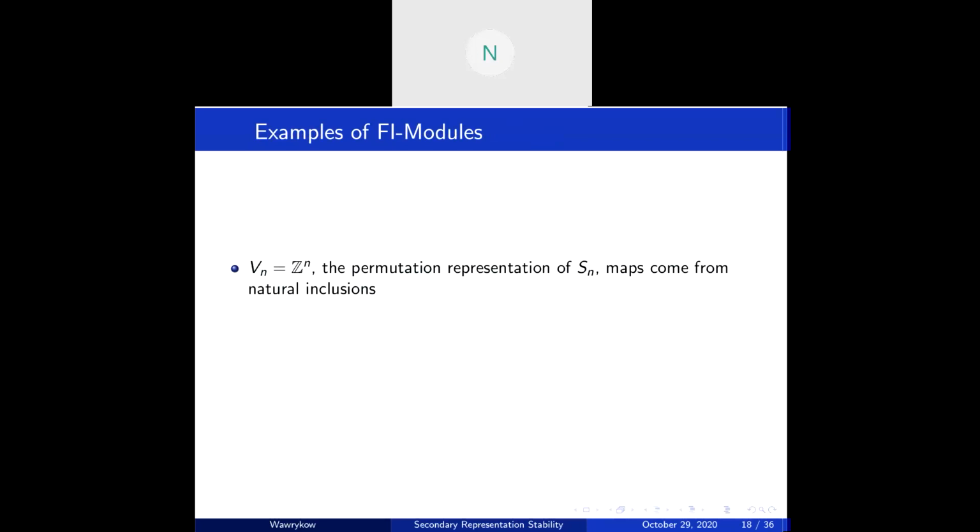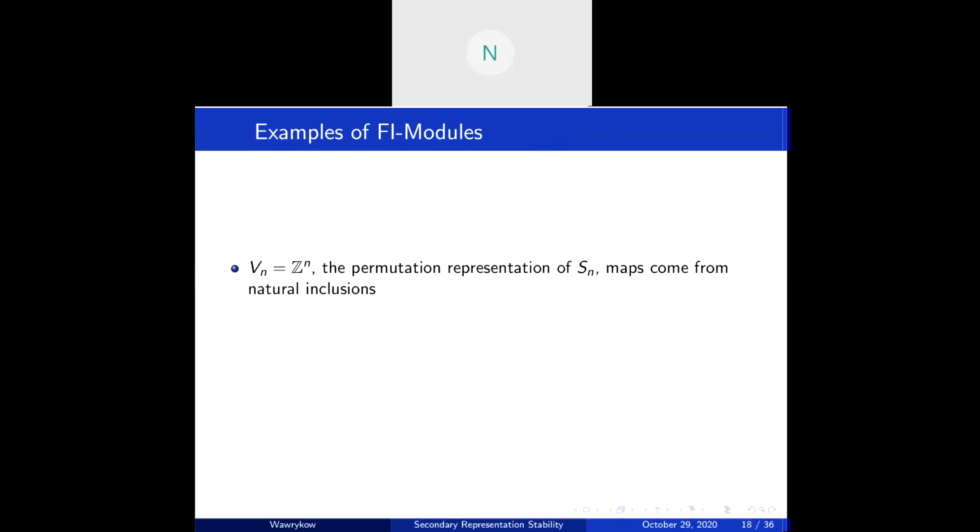Okay, so let's consider some FI-modules here. Perhaps the nicest and easiest to deal with, in my opinion, that's not just straight up trivial: we say V_n for all n is going to be Z^n, and we have the normal permutation representation of S_n. So a trivial representation and a standard representation, and the maps come from the natural inclusions.